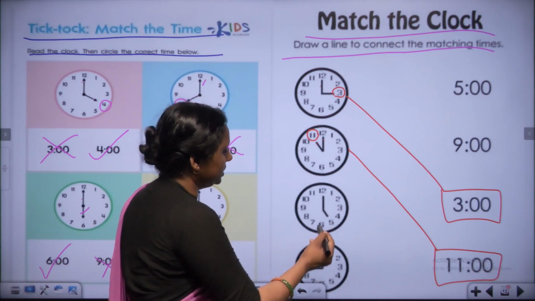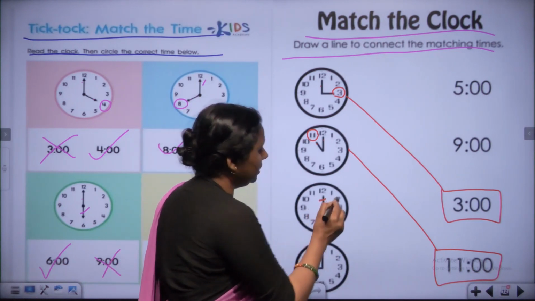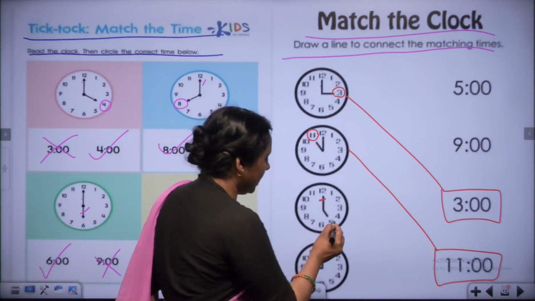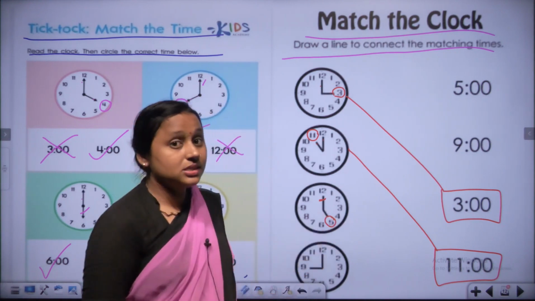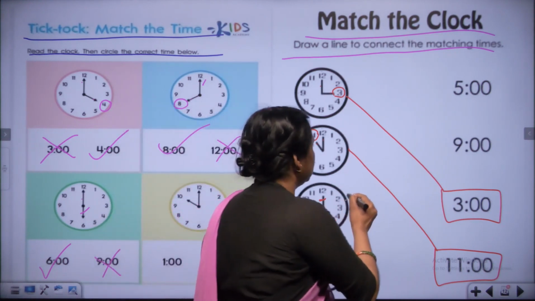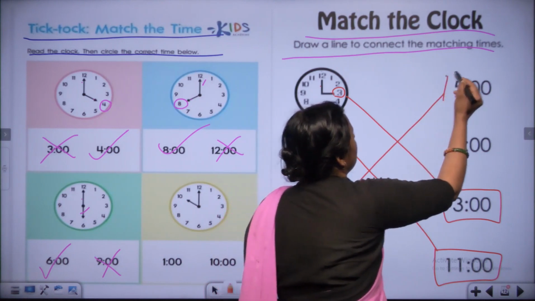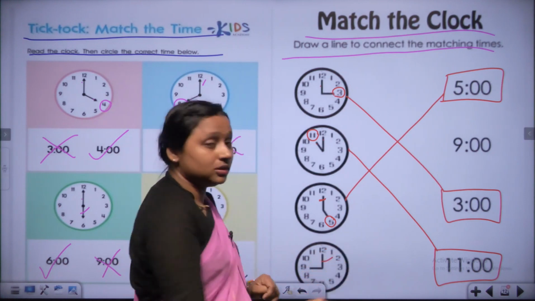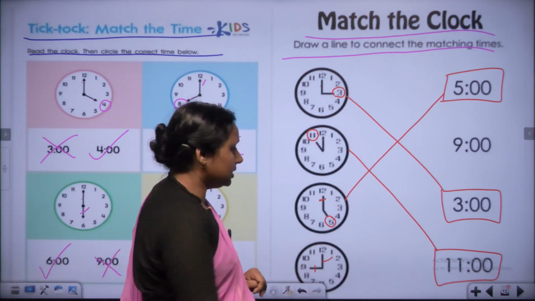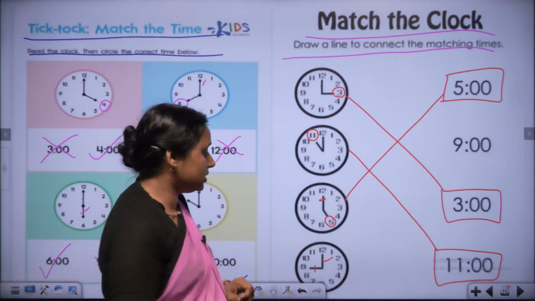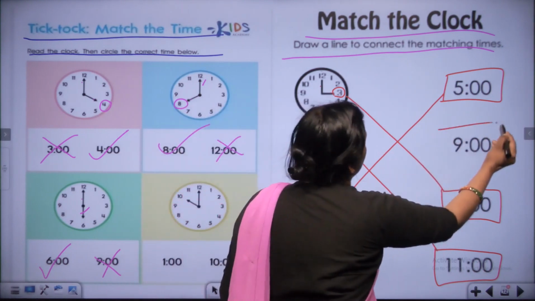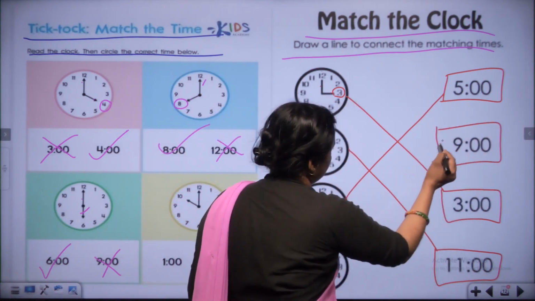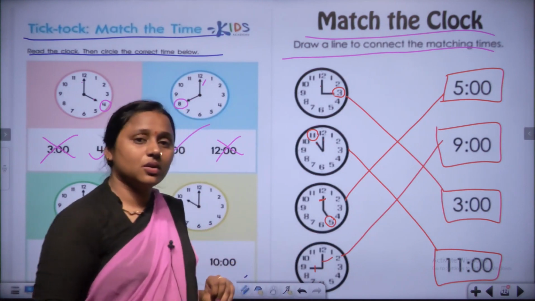Now this one is longer hand in 12 and shorter hand where? 5 means 5 o'clock. Okay. Here longer hand in 12 and shorter hand in 9. So what we read, children? 9 o'clock. Okay. 9 o'clock.